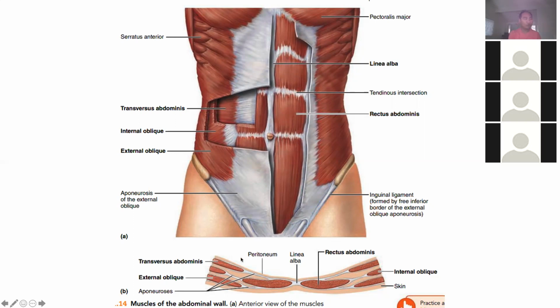I believe we all remember this diagram from the gastrointestinal tract. The three layers are the external oblique, internal oblique, and transversus abdominis. When they come close to the center, the muscles become aponeurosis or fascia. The internal oblique fascia splits into anterior and posterior.